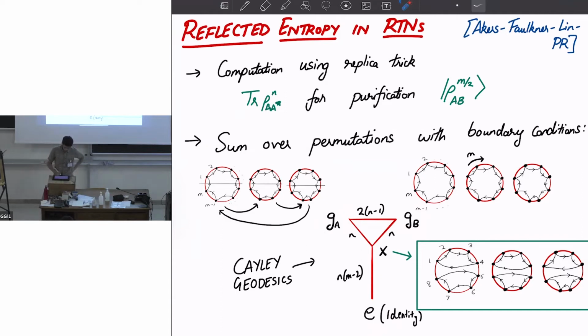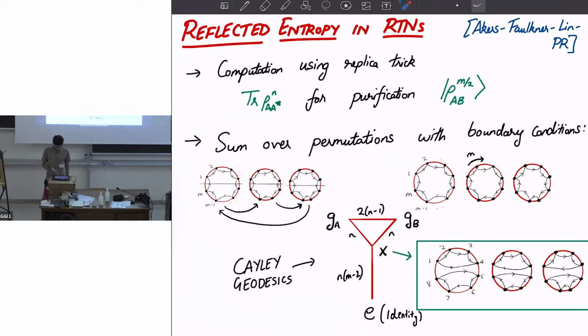The important elements that we have on the boundaries are these E, GA, and GB. And there are some geodesics which go from E to GA, E to GB, and so on, which are essentially the distance-minimizing routes in this Cayley distance measure. And there's a particular element X, which is a very symmetric element.